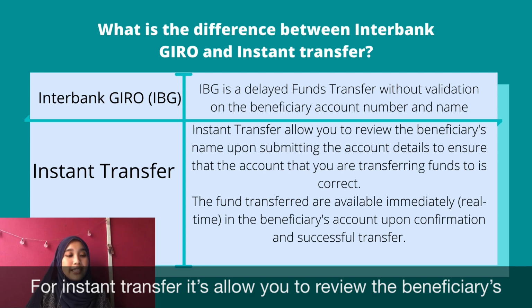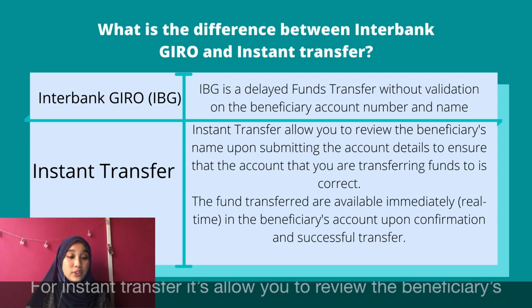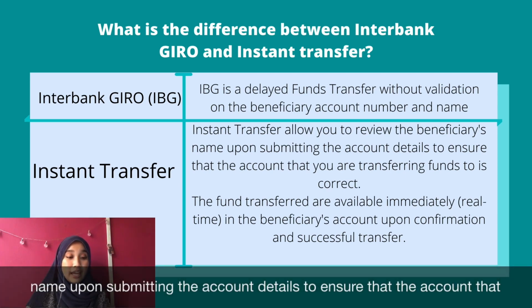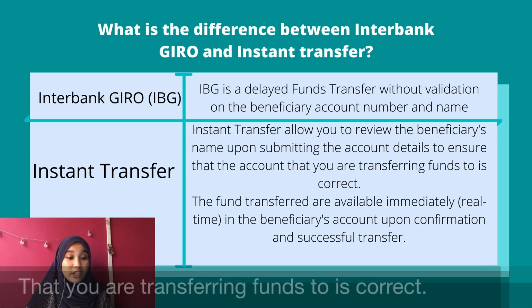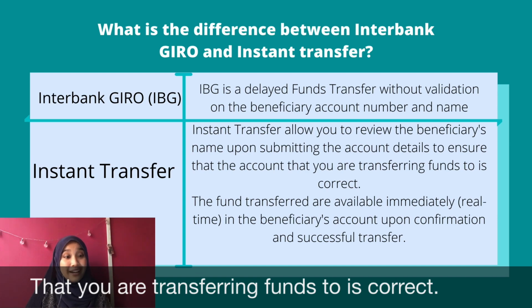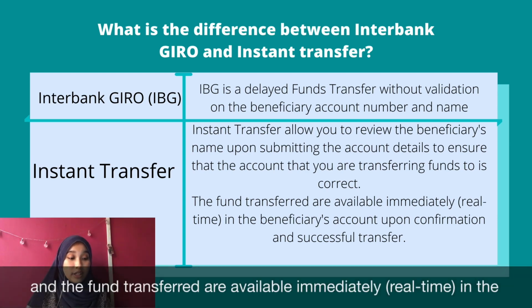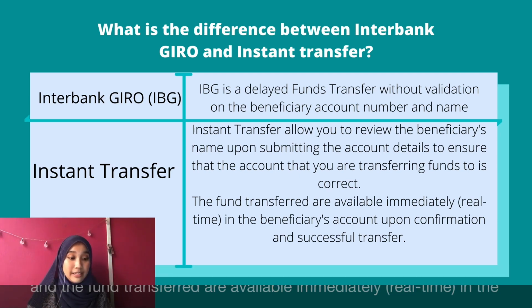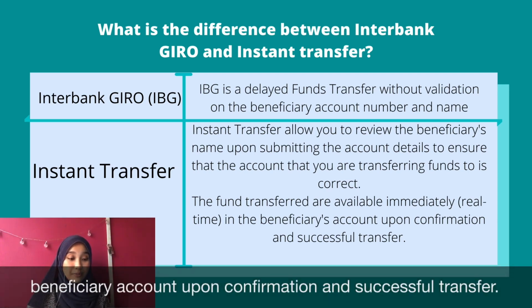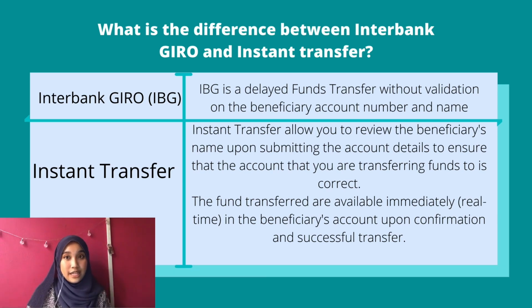For instant transfer, it allows you to review the beneficiary name upon submitting the account details to ensure that the account you are transferring funds to is correct. And the funds transferred are available immediately, in real time, in the beneficiary account upon confirmation and successful transfer.